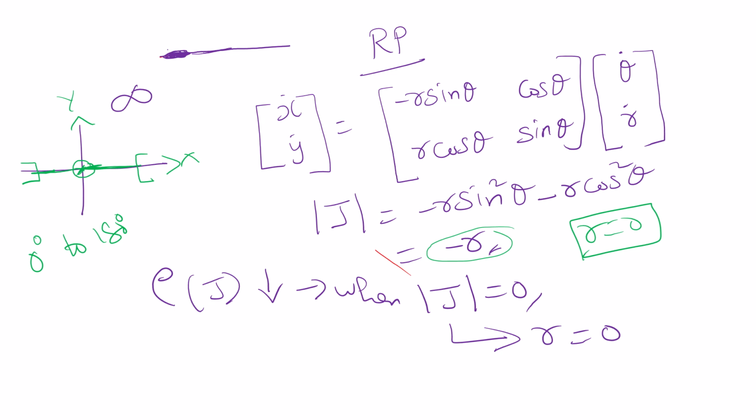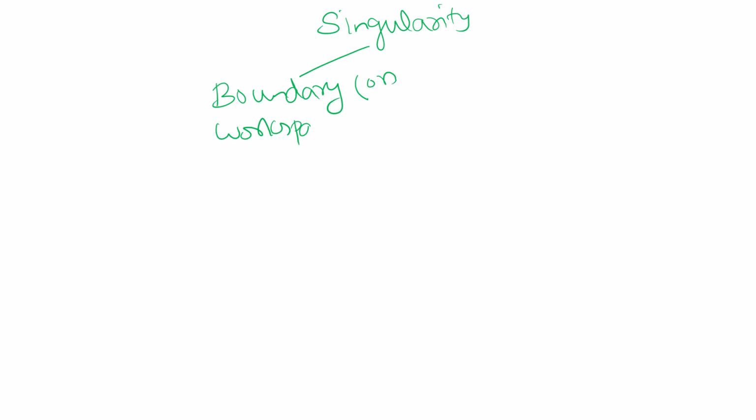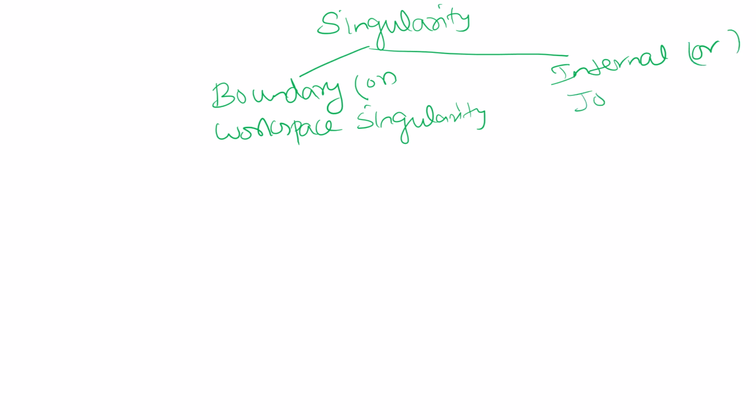Next, singularities are of two types. It can be either a boundary singularity, otherwise called workspace boundary or workspace singularity, or the other type, internal singularity, or joint space singularity.